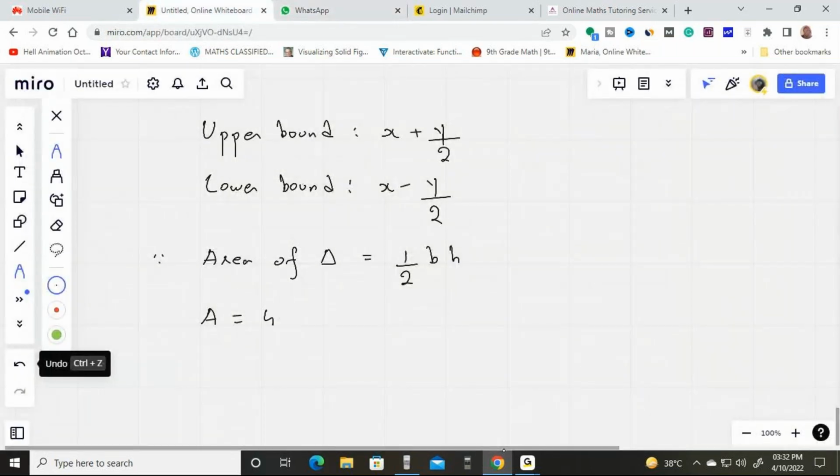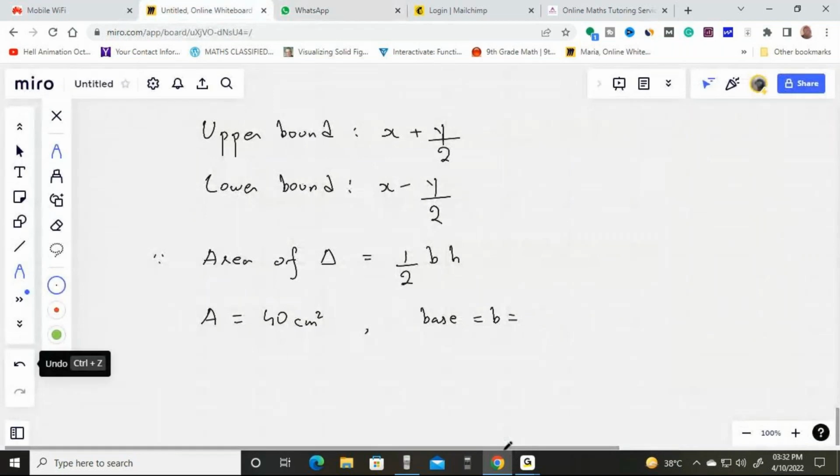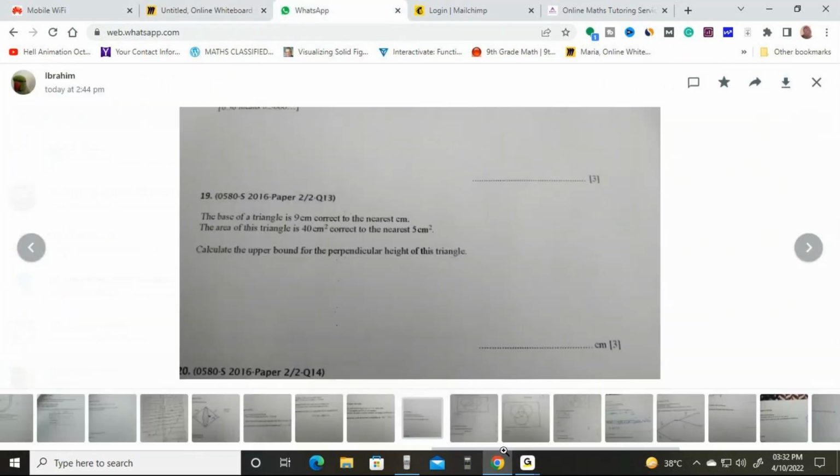Let us write down here original values, and my base, that is b, is equal to 9 centimeters. And h is something that I don't know, and I need to find the upper bound of this h.